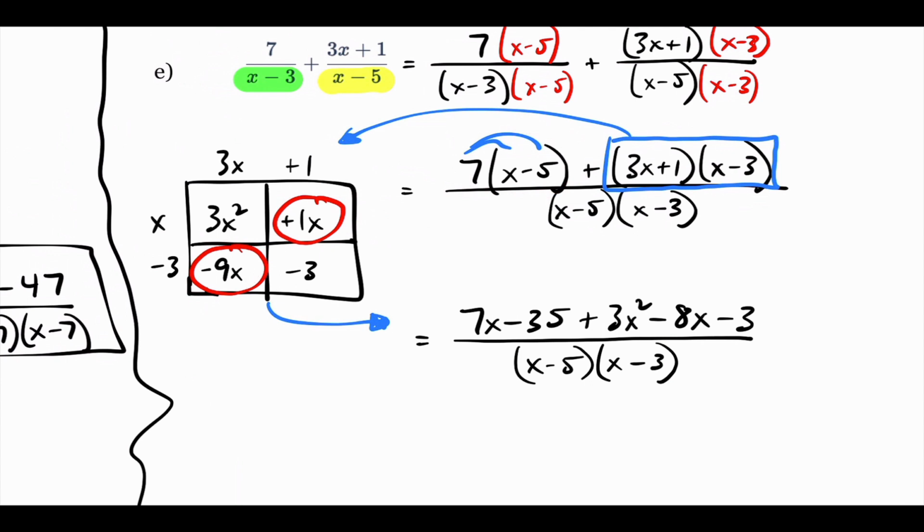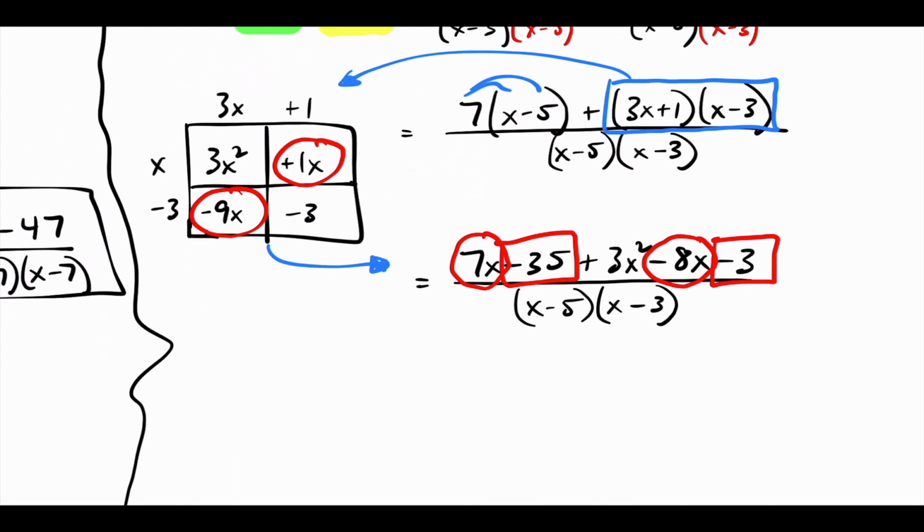Last thing, now that I did all that multiplying, I can combine like terms. So I have a 7x and a negative 8x, and then a negative 35 and a negative 3. So I have 3x squared minus 1x minus 38.